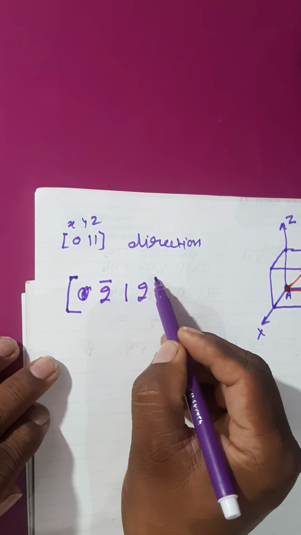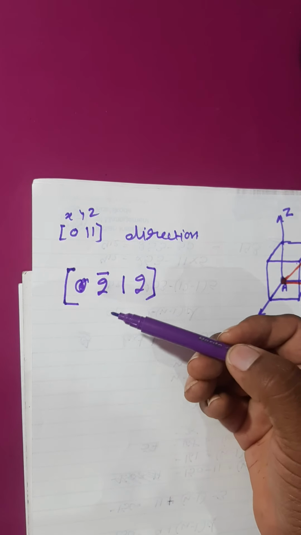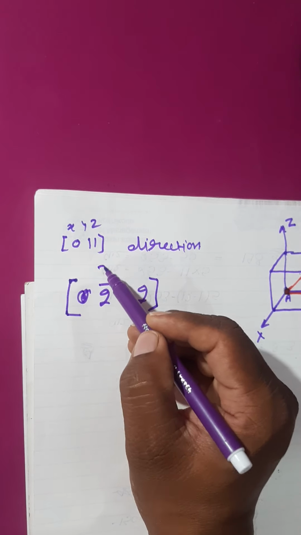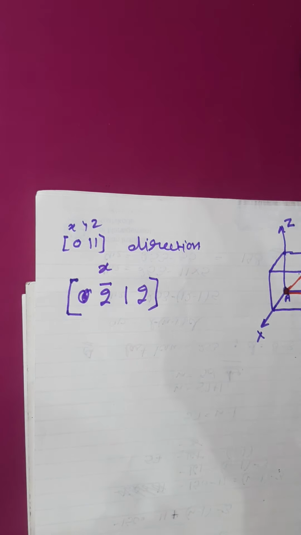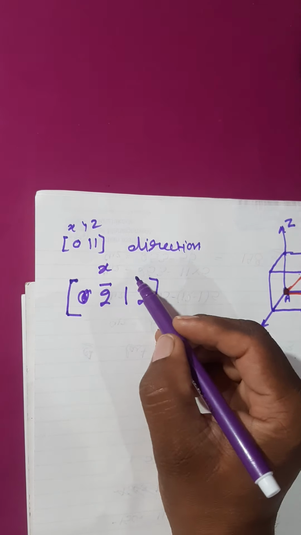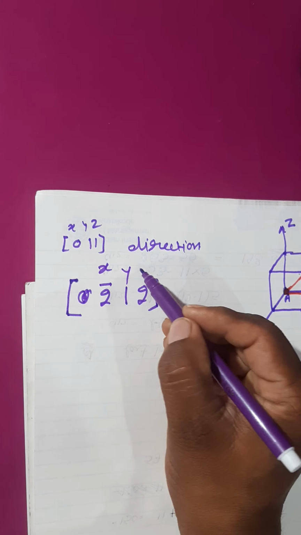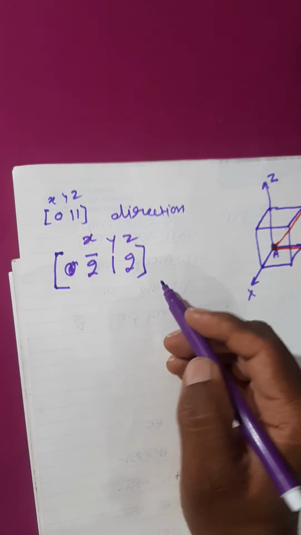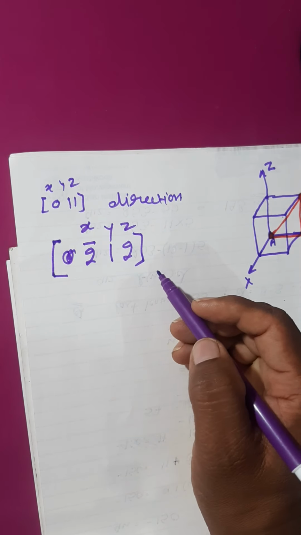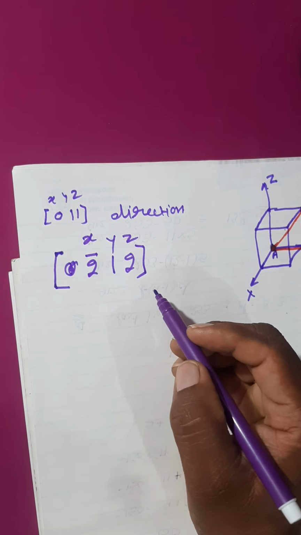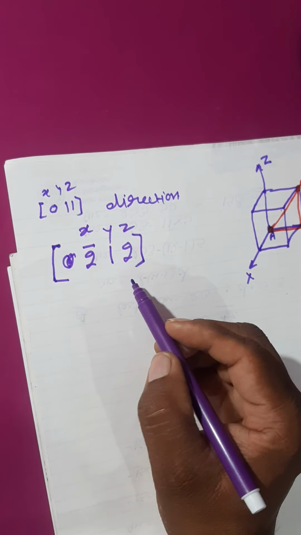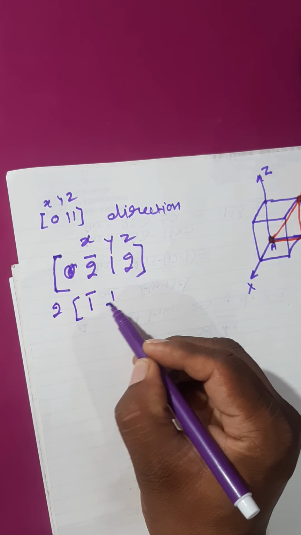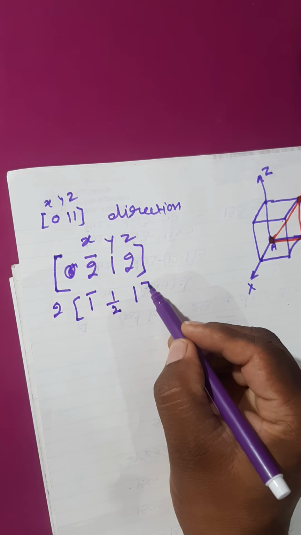Bar sign indicates the direction is negative. That means we will move opposite the x direction. Since this is not a unit indices, we will first make unit indices. So we take 2 as common: 1 bar, 1 by half and 1 bar.